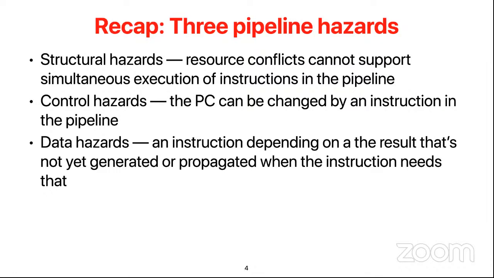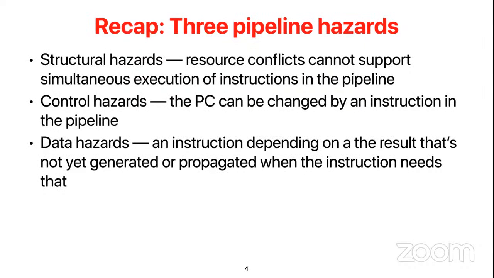To deal with it, we can stall or insert nop instructions, but that's not efficient. The best way to address it is to modify the hardware structure, the microarchitecture of your processor.